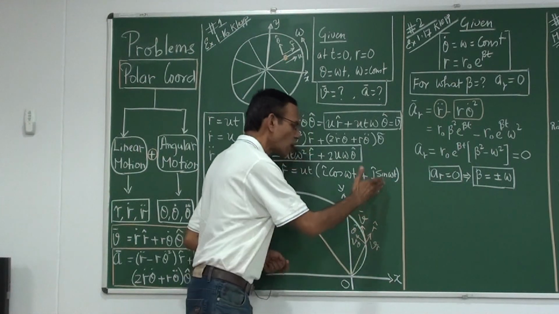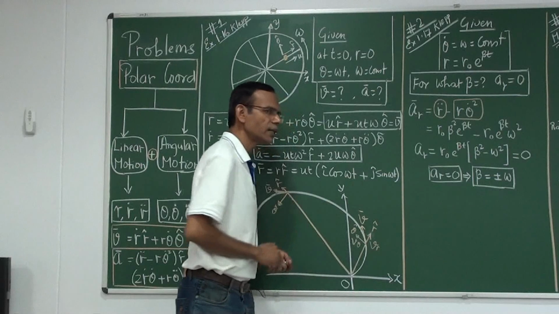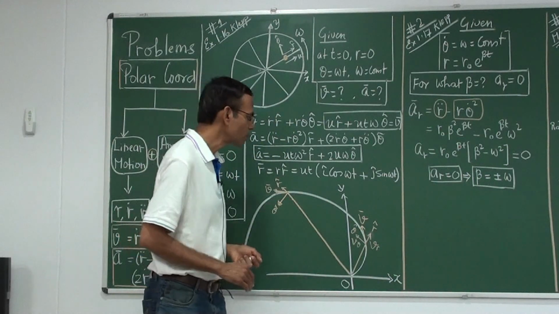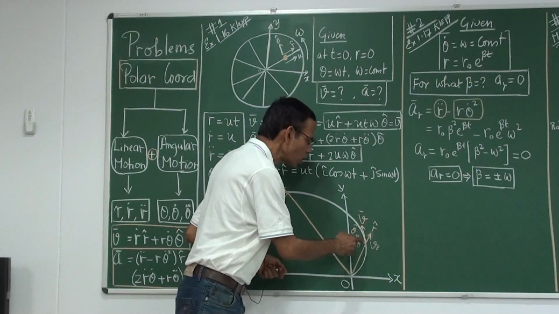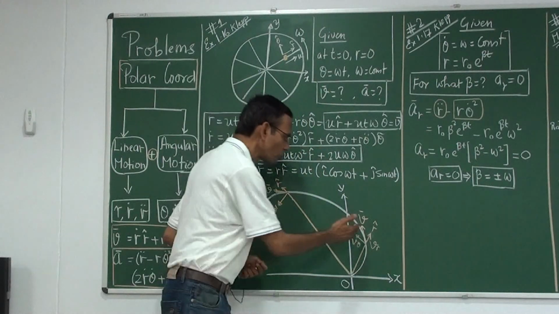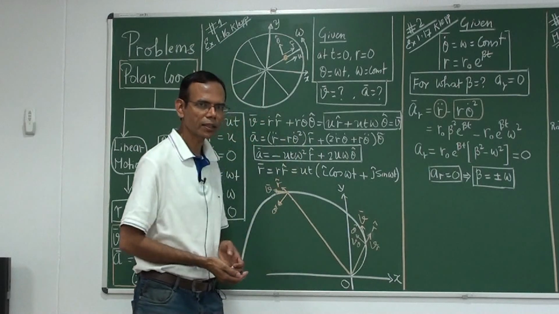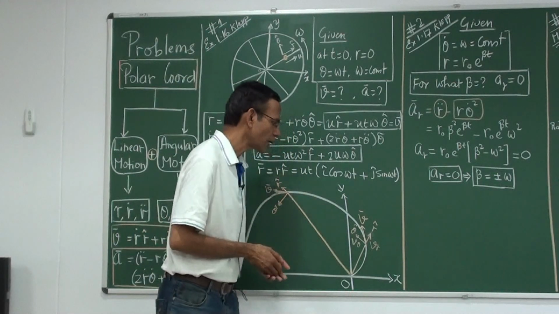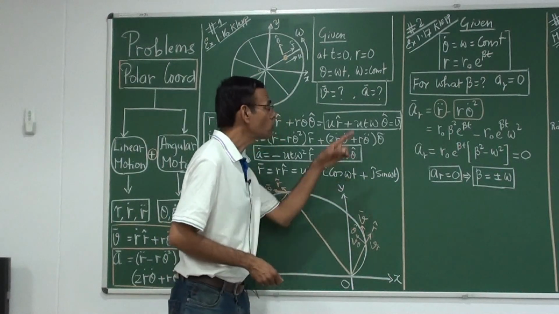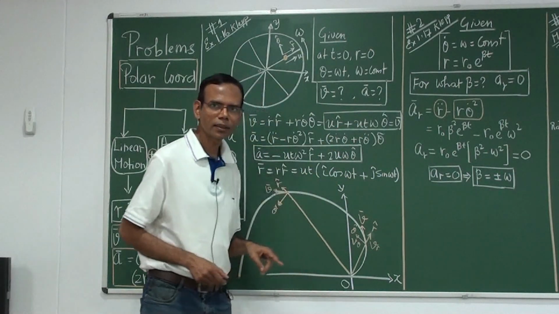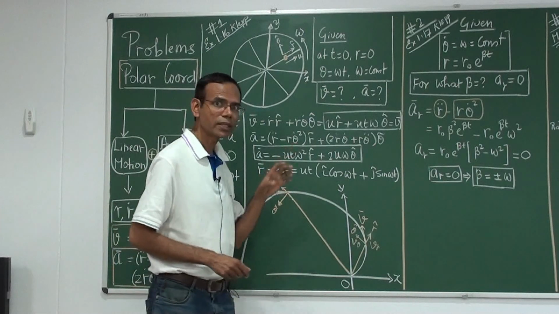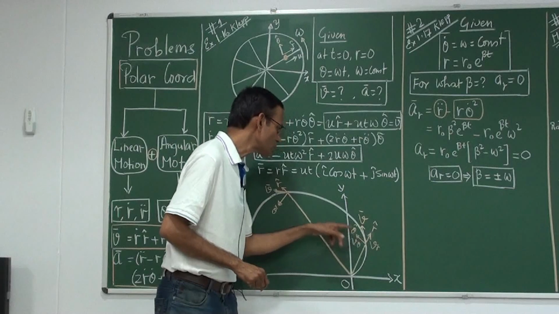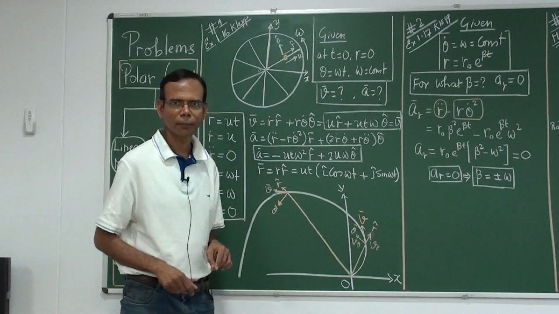One is radially outward and one is in the theta cap direction. So the component along the theta cap direction, which is your v theta, when we differentiate, we get the acceleration. So the second term, that is r theta dot square, which is your centripetal term, we are getting because the direction of v theta is changing.